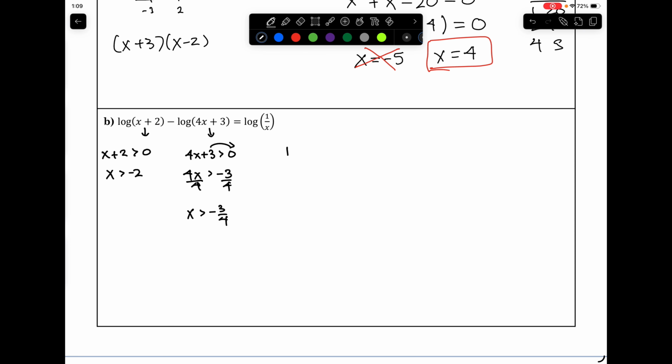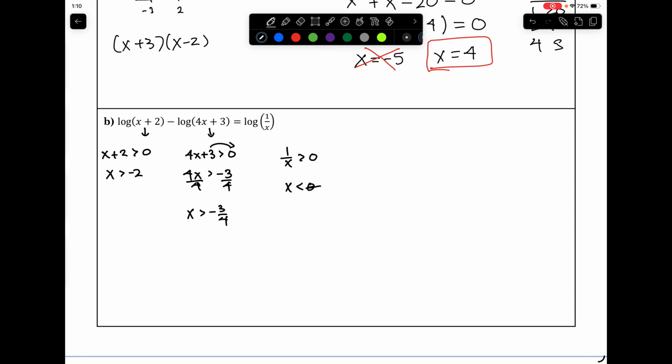And for the last one, 1 over x would have to be bigger than 0. So if I get the reciprocal of this, that means that x would have to be less than 0. Let me take that back.